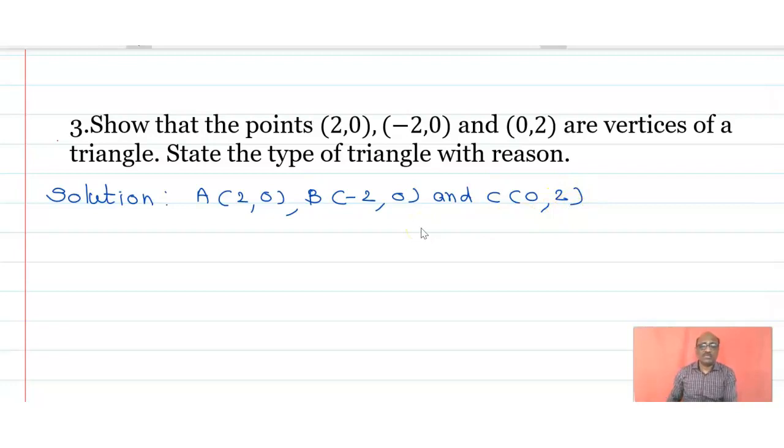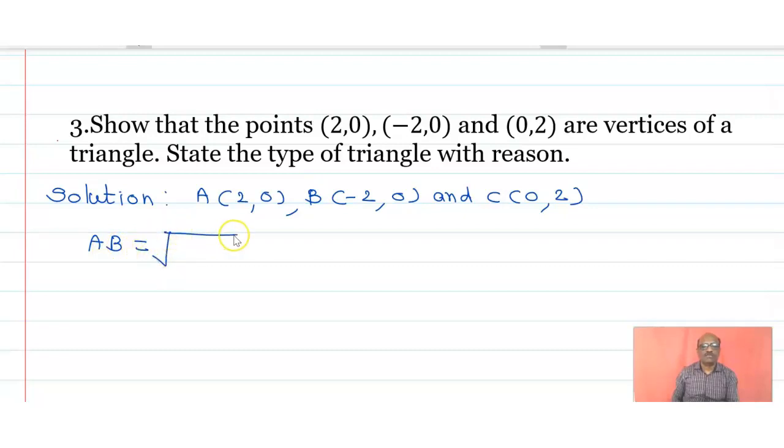First of all, we will find out the lengths of these sides. If the sum of the two sides is greater than the third side, then it is a triangle. Therefore, first we find out AB. Let us find out AB.